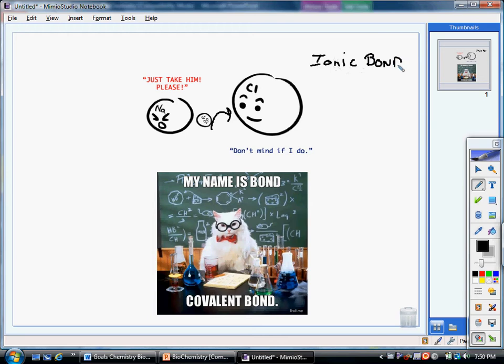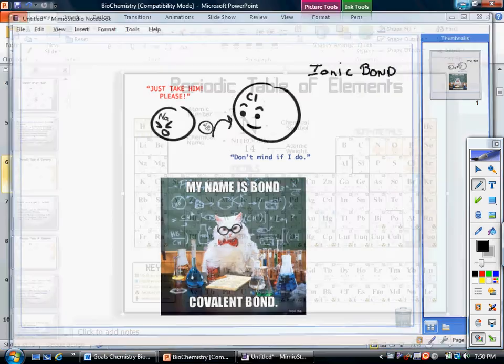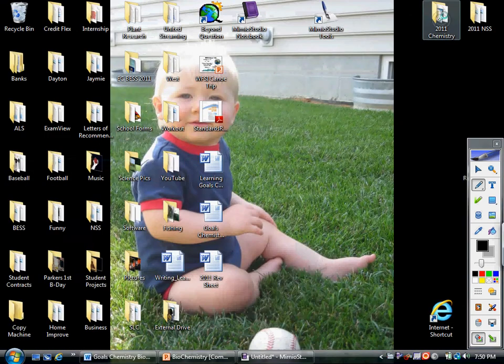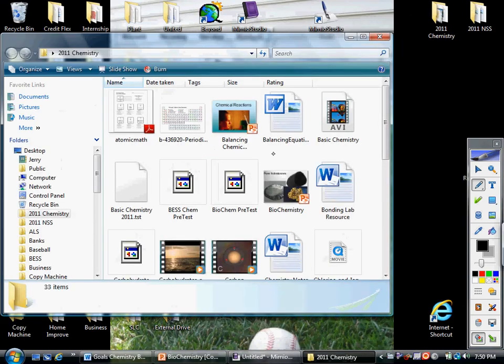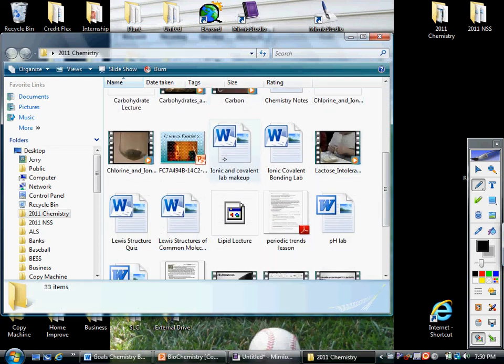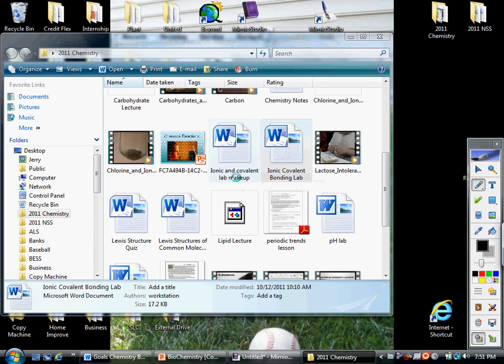Well, hopefully you remember the lab that we did, and I can pull that lab up real quick. That lab was on ionic and covalent bonding, and it looked like this.